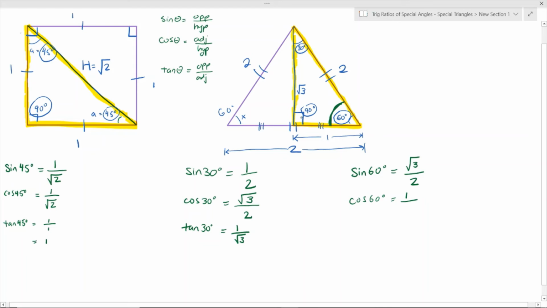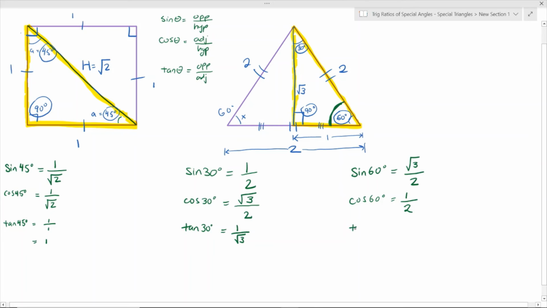It's opposite to the 90-degree angle, that's how the hypotenuse is defined. So adjacent of 1 over hypotenuse of 2, because this angle is 60 degrees, and it's right beside this 1.